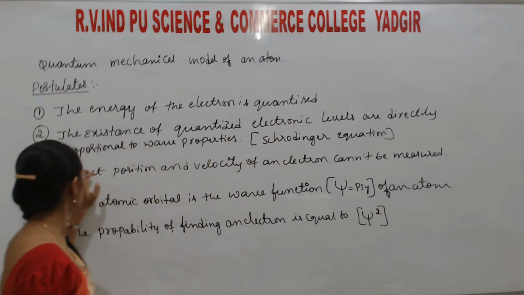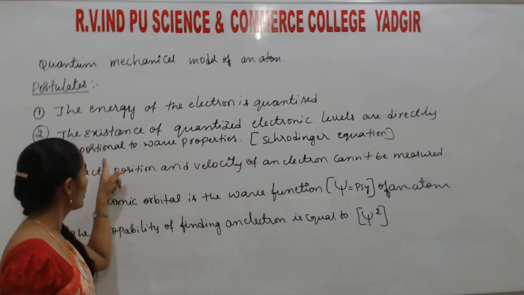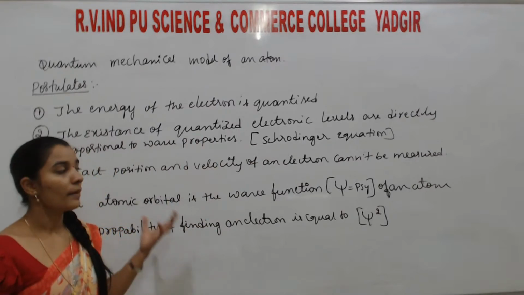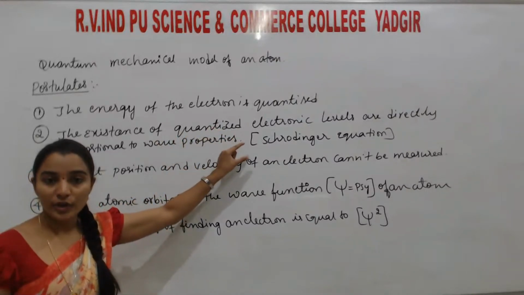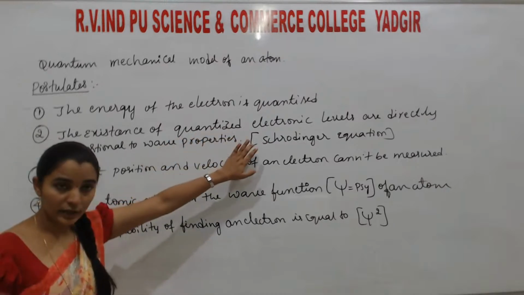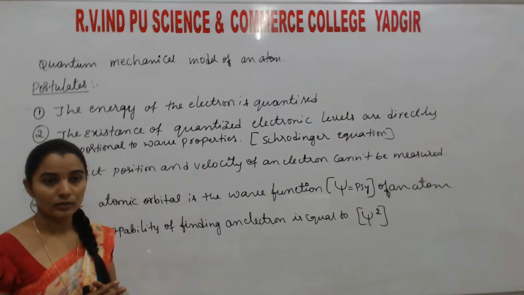Understood? And at the same time, the existence of quantized electronic levels is directly proportional to wave properties. Understood? It means they exhibit both particle as well as wave nature. The properties of these quantized electrons and these wave properties are similar.